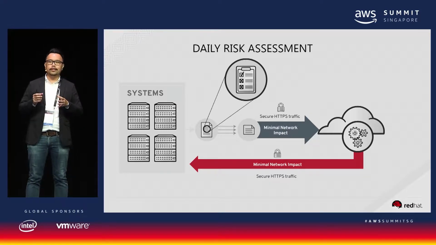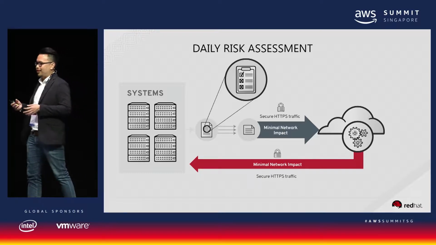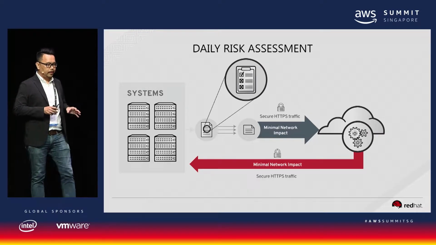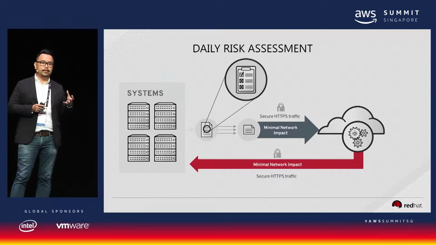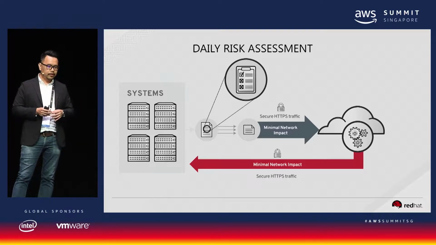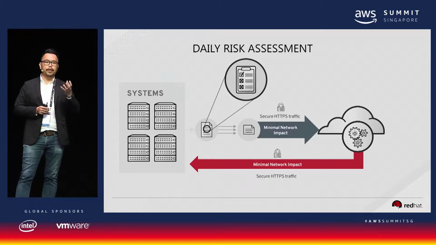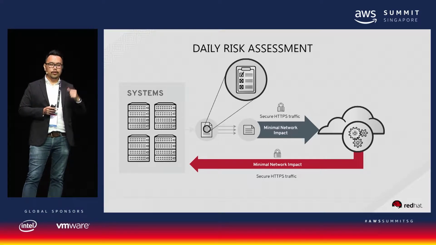So how does Red Hat Insights actually work? How does it collect information? Every time a system is registered with Red Hat Insights, you have installed the client and so on, it will start to collect a very small amount of information, and it will be sent back to the cloud.